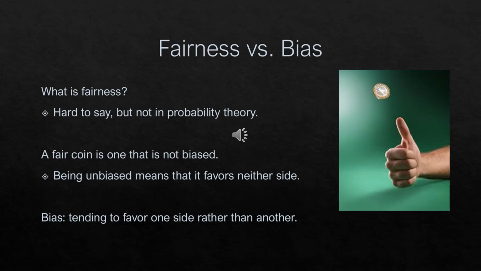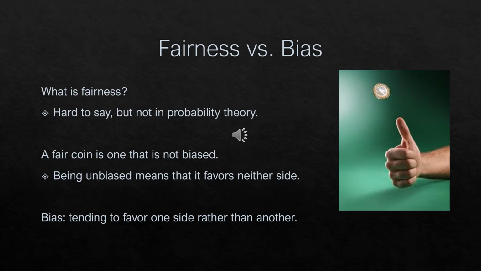There's just a lot of vague terms that are hard to make precise in a mathematically precise way, but we can show in a mathematical way what we mean by fairness, right? And what we mean by fairness more often than not is unbiased. A fair coin is a coin that is not biased.